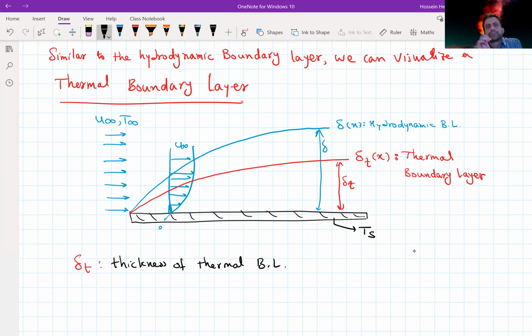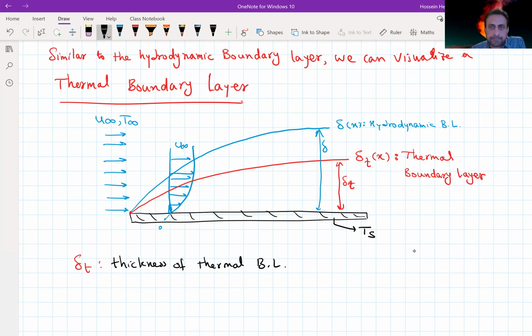Now, the significance of this boundary layer is that beyond this thermal boundary layer, the temperature would be the bulk temperature T infinity.